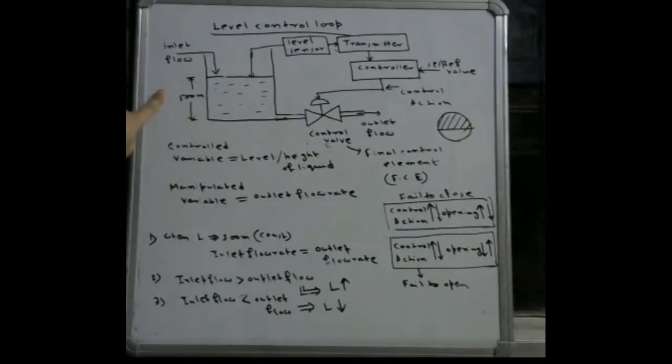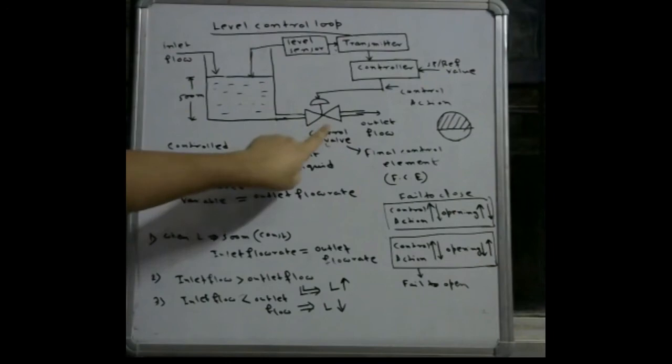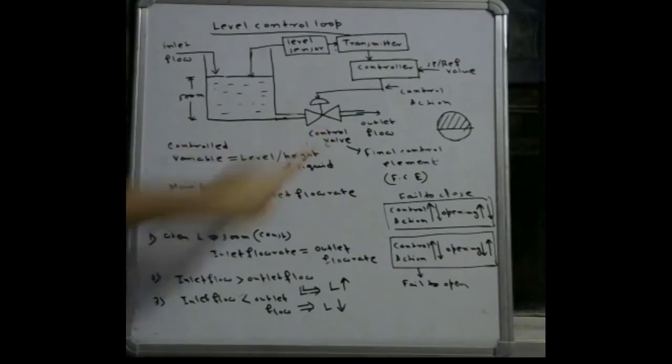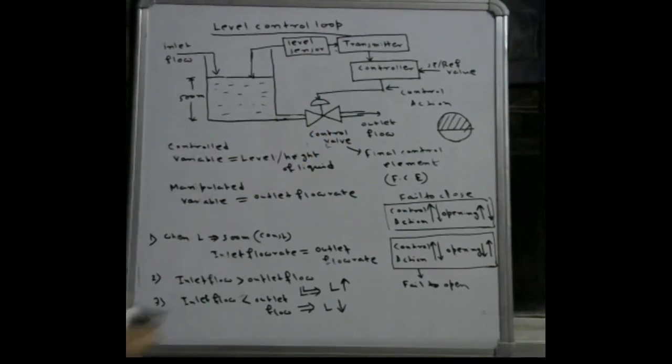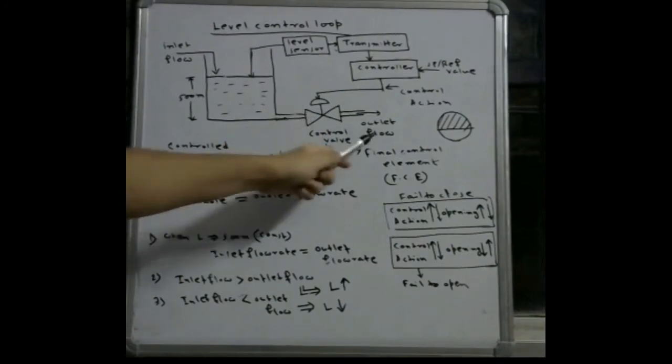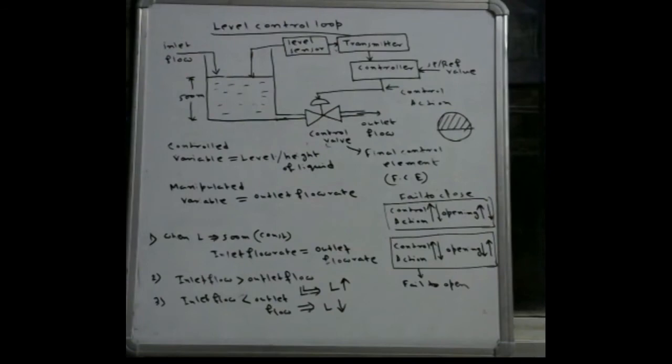So that's why the outlet flow rate in this case will be the manipulated variable, not the opening of the control valve. When our process is a flow control loop, then opening will directly control the outlet flow rate or a flow through a pipe. In that case, the opening of the control valve will be the manipulated variable.